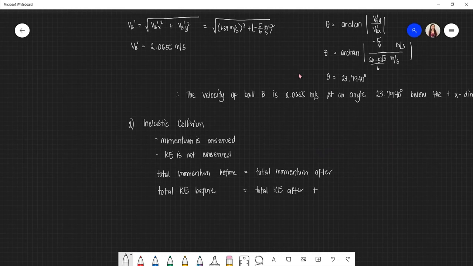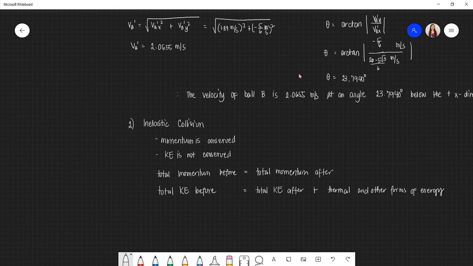So thermal, or maybe potential, and other forms of energy. Okay, so that's for an inelastic collision.